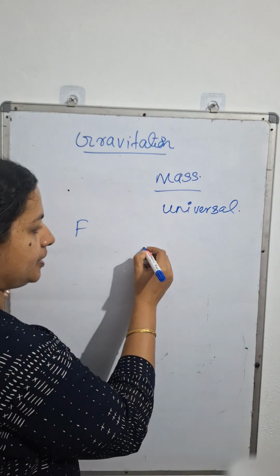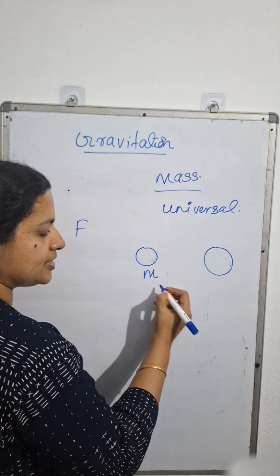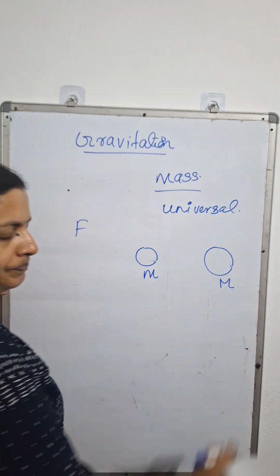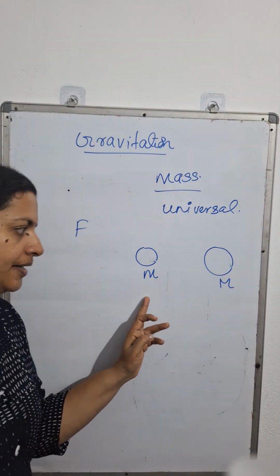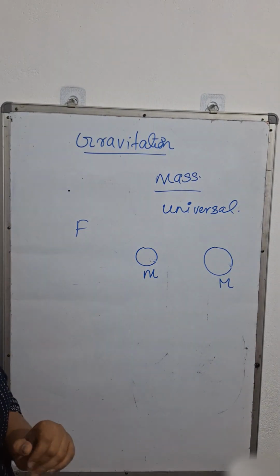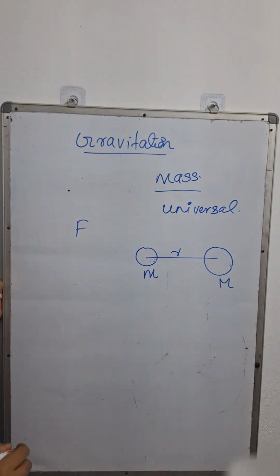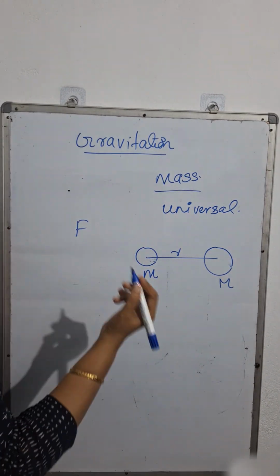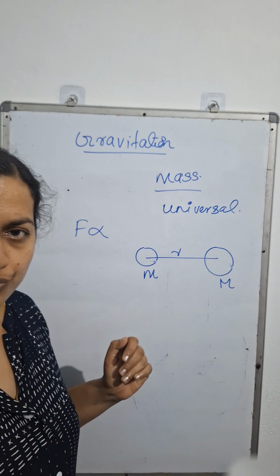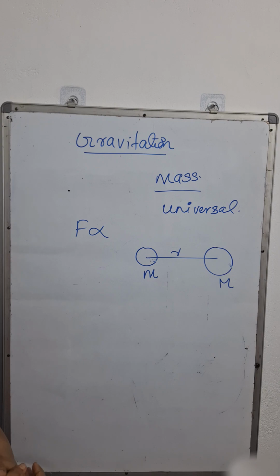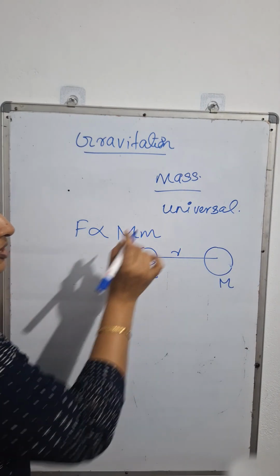So let us take two objects, any two objects that have mass, small m and capital M. Let their masses be m and M. Then if they are separated by a distance r, Newton found that this force of attraction, which will be an attractive force, is directly proportional to the product of the masses.